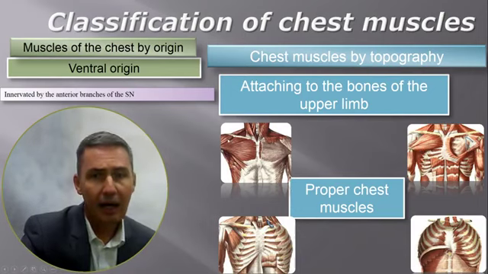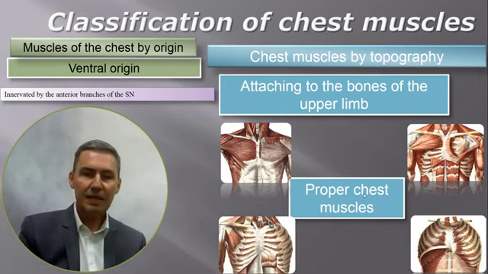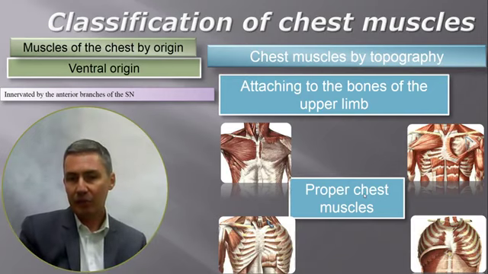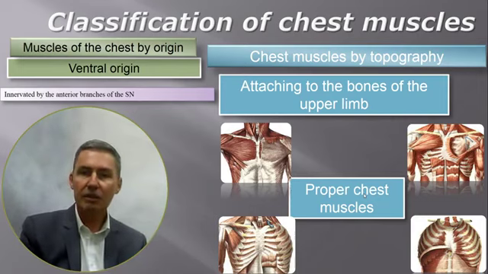Then we can talk about the proper muscles of the chest, or deep muscles of the chest. These muscles are the autochthonous muscles located deep in between the vertebrae and represented, first of all, by the external intercostal muscles and internal intercostal muscles.